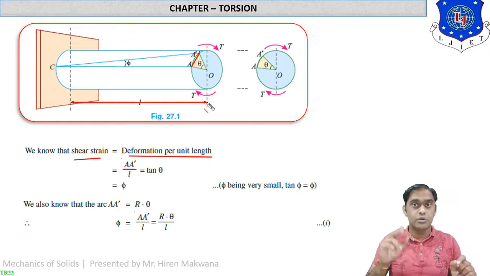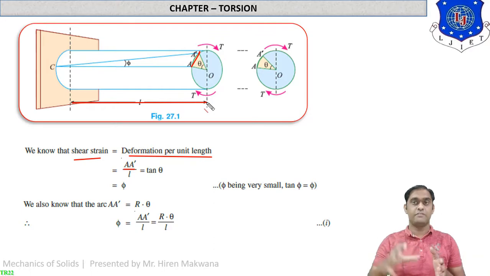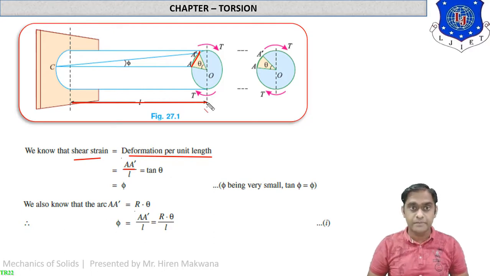Just imagine what happens if the length of the shaft is greater: is the twisting small or big? If the length of the shaft is shorter, is the amount of twisting greater or lesser? This all depends on the length of the shaft.